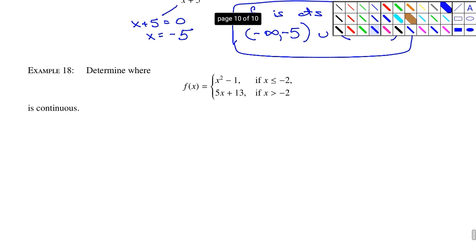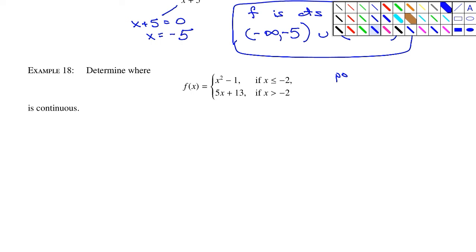Example 18. Determine where the piecewise function f of x is equal to x squared minus 1 if x is less than or equal to -2, and 5x plus 13 if x is greater than -2 is continuous. All right, so if I analyze this, we have polynomials.